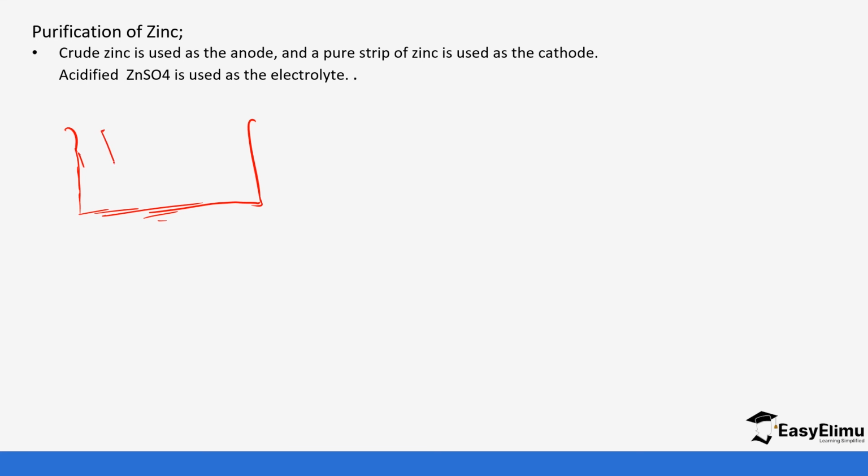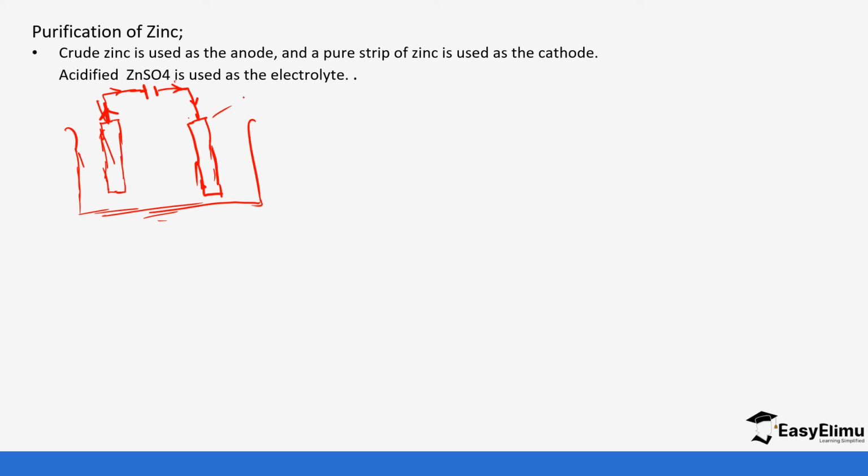So we have the impure zinc, that is the crude zinc, and then we have the pure one on the cathode. This is connected to the positive side using a wire. The electrons definitely flow from the anode to the cathode.